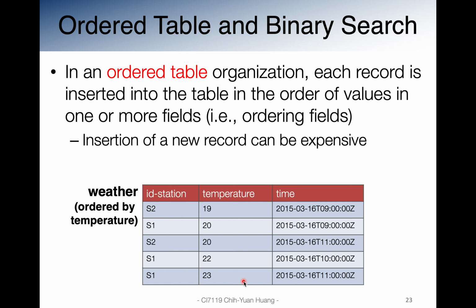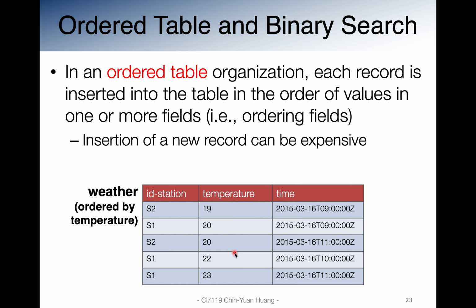In this case, one of the problems of maintaining this ordered table is that the insertion of a new record can be expensive. Just as an example, if right now I have a new record where the temperature is 21, first of all I need to find out where exactly we should insert that record.